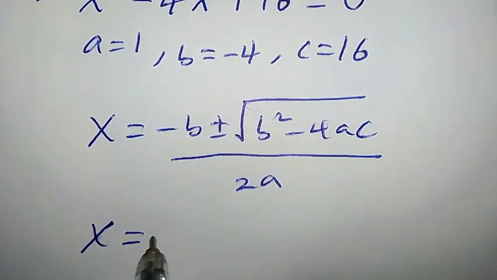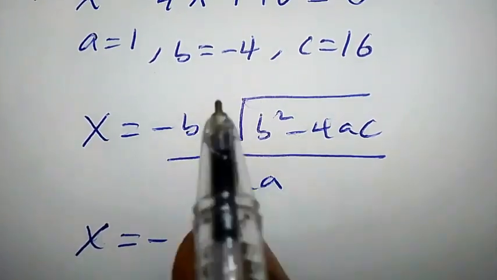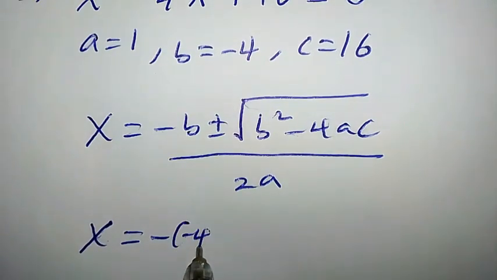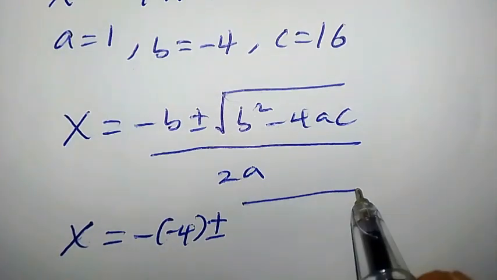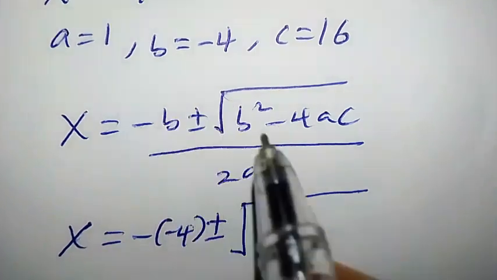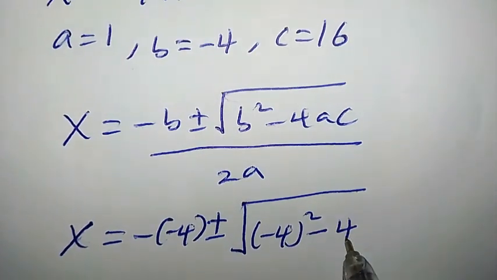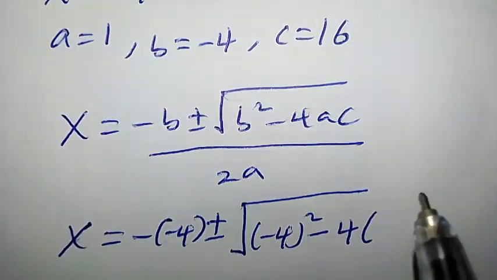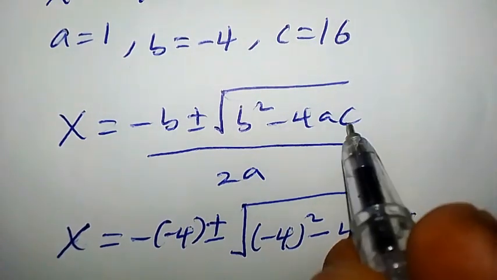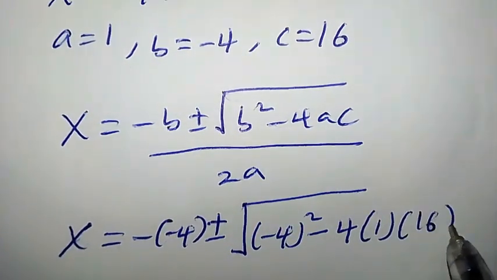x equals minus, what is b? b is negative 4. So we have negative 4 plus or minus square root of negative 4 all squared minus 4 times, what is a? a is 1, times, what is c? c is 16.